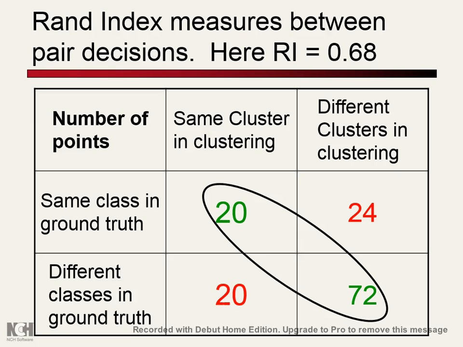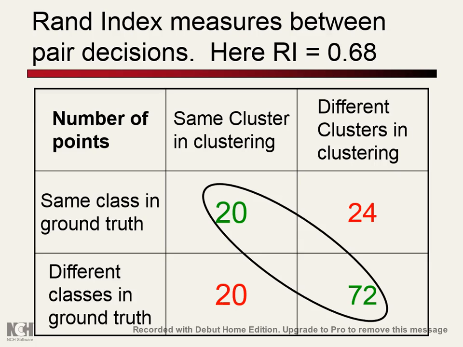Basically, here you will use the label information, the ground truth. The same class in the ground truth, and if your clustering algorithm puts the same data into the same cluster, then you count how many data you put into the same cluster and they all belong to the same class.